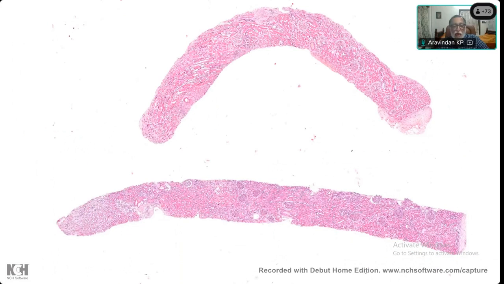This is a low power scanner view. From this, can you say anything? So based on the scanner, we can identify multiple glomeruli. Multiple glomeruli. So one thing you can say, this is a very satisfactory biopsy. Yes, because you have lots of glomeruli, and you need a lot of glomeruli to really make a proper diagnosis.